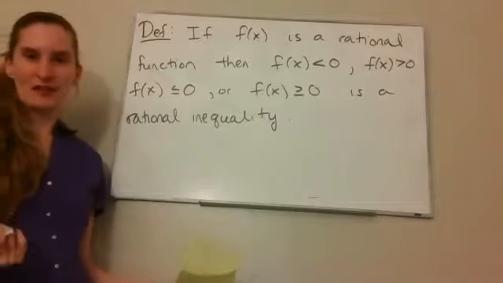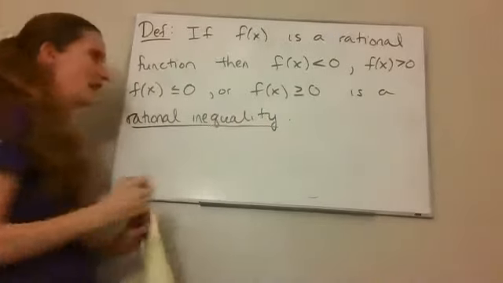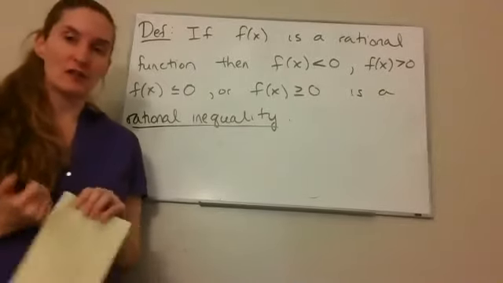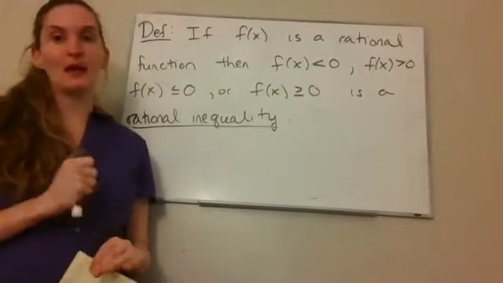So this definition is not even that much different. The only thing that's changed is instead of it being a polynomial, we have a rational function. So that's polynomial divided by polynomial.